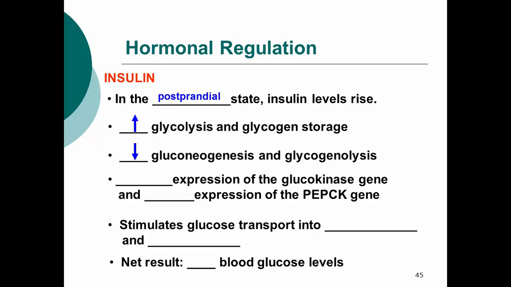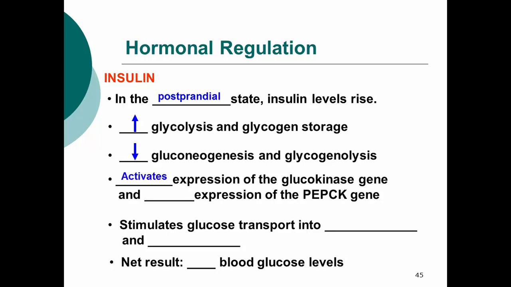And what do you expect for the expression of the glucokinase gene, which is a key enzyme in glycolysis, right? How would insulin regulate this? We know that insulin regulates the gluconeogenic pathway, right? So what do you think about how insulin would regulate a key enzyme in glycolysis?